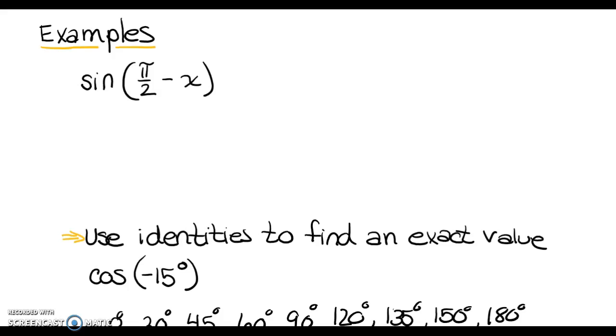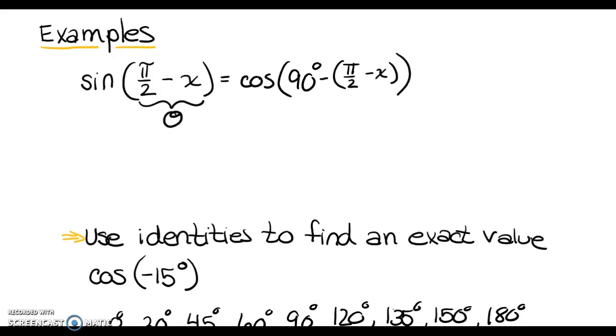So we're going to use our cofunctions to convert this into cosine, because I know that the sine of an angle theta equals cosine of 90 minus theta.